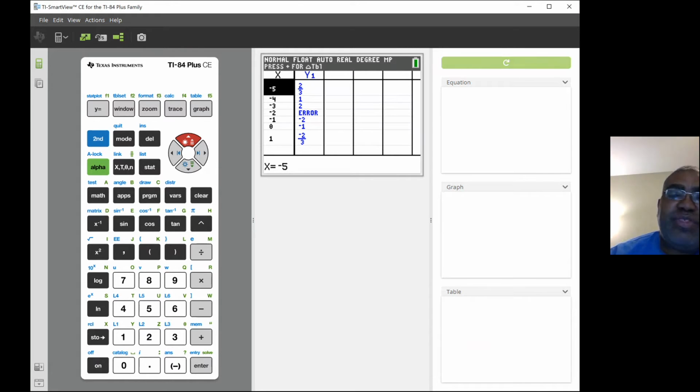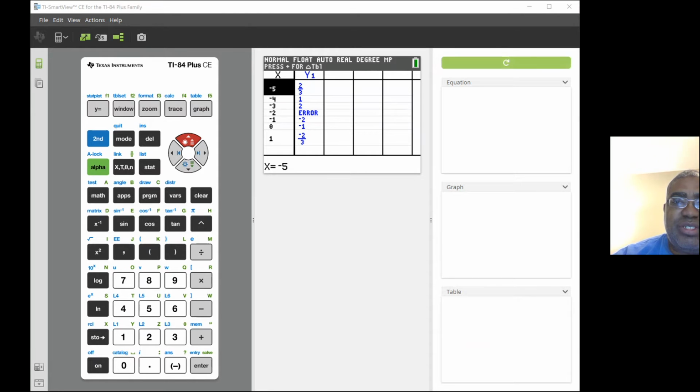Okay, so let's go back and put these points on the graph so that we're able to use them. This helps you know where your graph is.